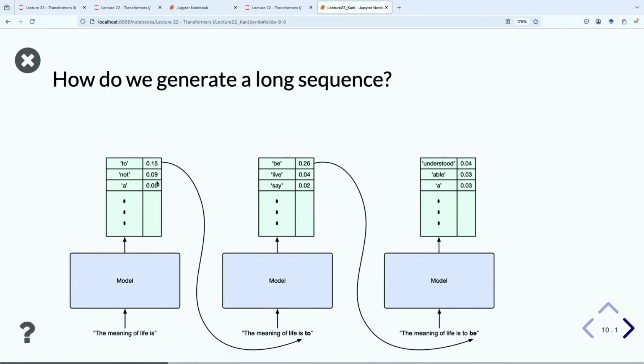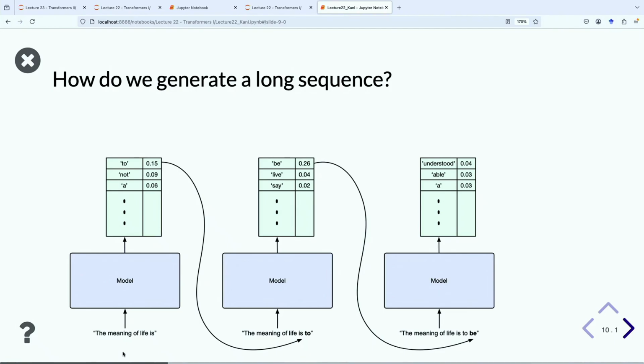And then we have a choice. We need to build a string. So at least in this initial stage, we'll do what's called greedy decoding. Every time we get a probability distribution, we'll select the token that is most probable, that the model says is most likely to come after the input we've put in so far.